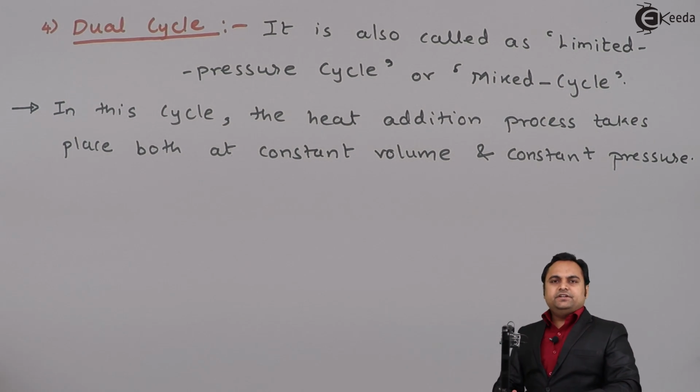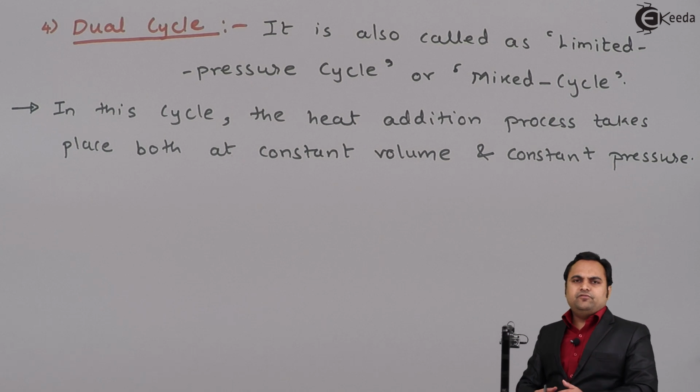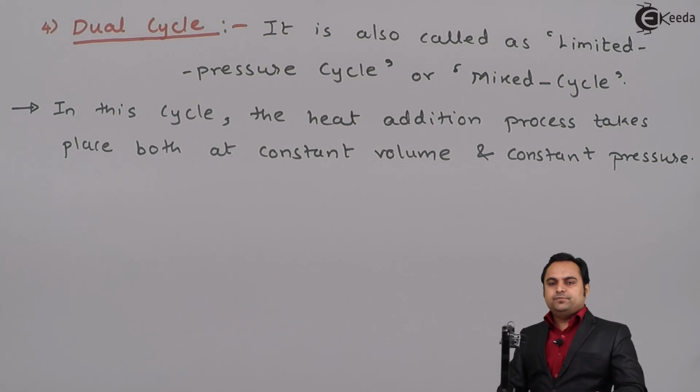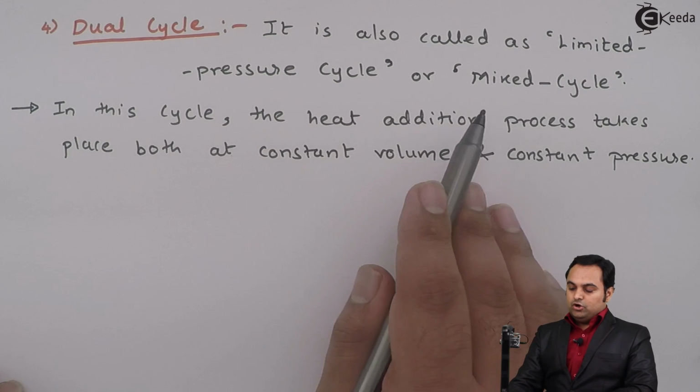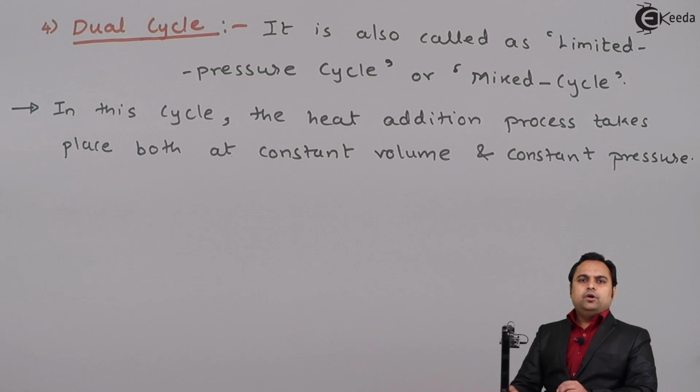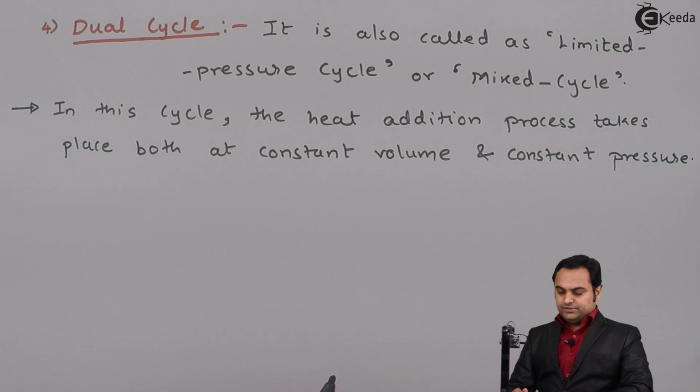So since the heat addition process is made up of constant volume as well as constant pressure, that is why it is also called as limited pressure cycle or mixed cycle, because of both the heat addition processes here.